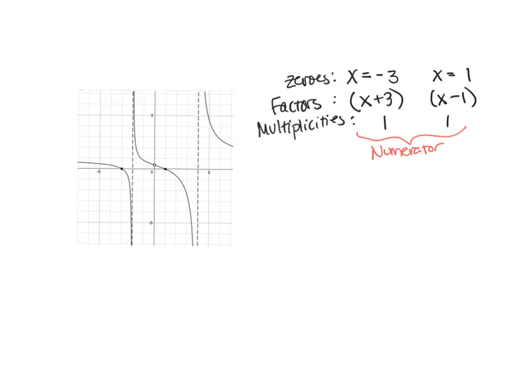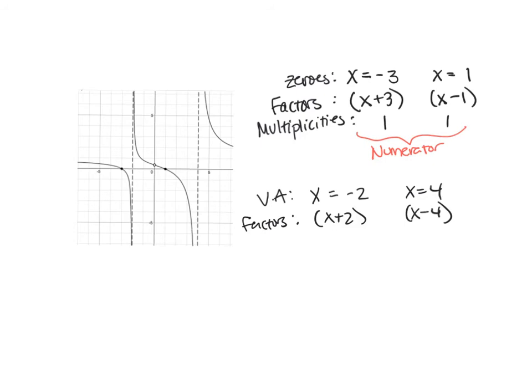So for our asymptotes, we have two asymptotes. We have one here at x is equal to -2 and one here at x is equal to 4. So the factors for this would become x plus 2 and x minus 4.